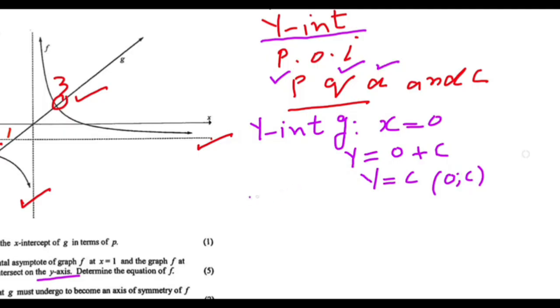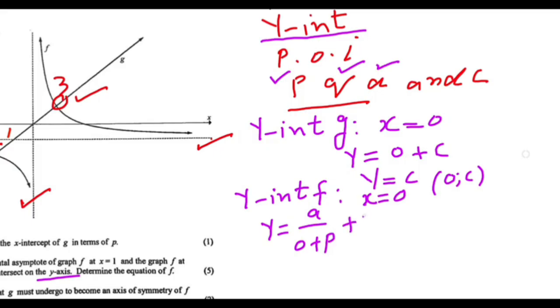Now we're going to find the y-intercept of f. That also, the x must be equal to 0. So we get y is equal to a over 0 plus p, plus q. So that will be y is equal to a over p plus q.